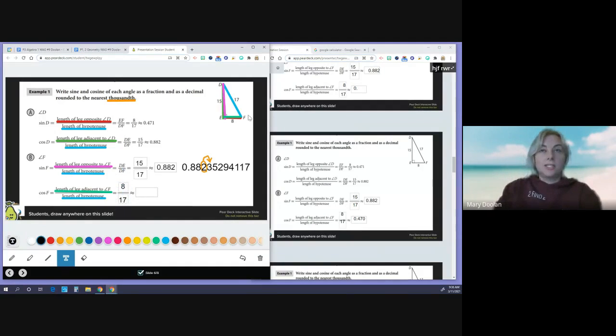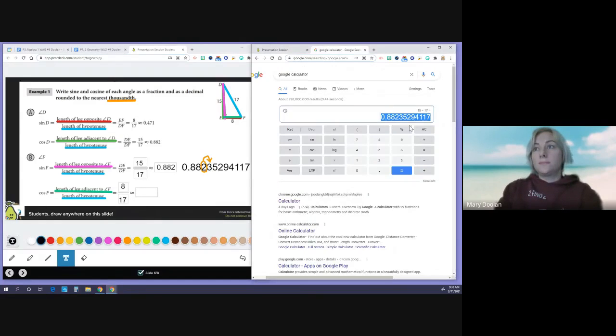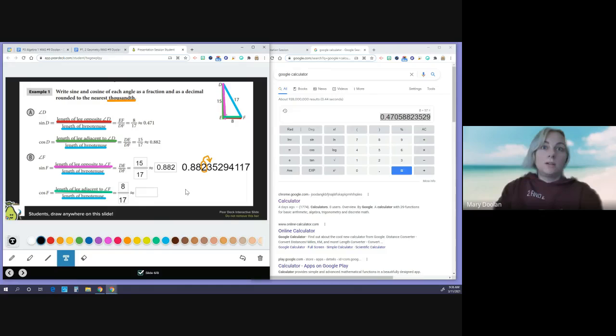Okay, that's the adjacent leg over the hypotenuse, 8 over 17. And then to use the calculator, we'll show you how to round again, because I know that's a skill maybe you just forgot about. 8 divided by 17 equals this long number. So I'll come back over here, and we are going to paste it, and I'll make this larger.